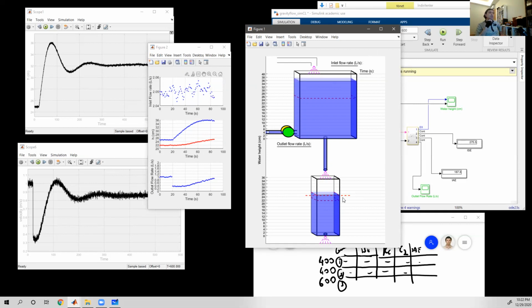You need to also add derivative control to, how can I say, slow down the response kind of thing. But as you can see, we have a very small overshoot, and this tank is not overflown.